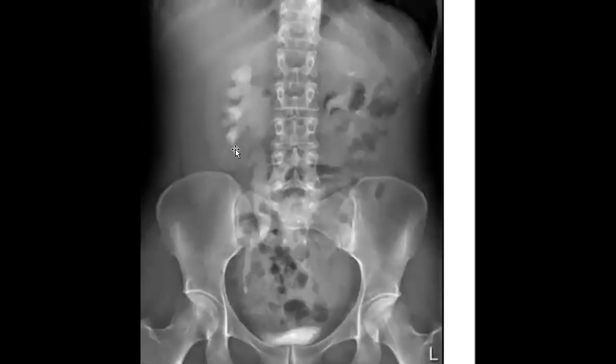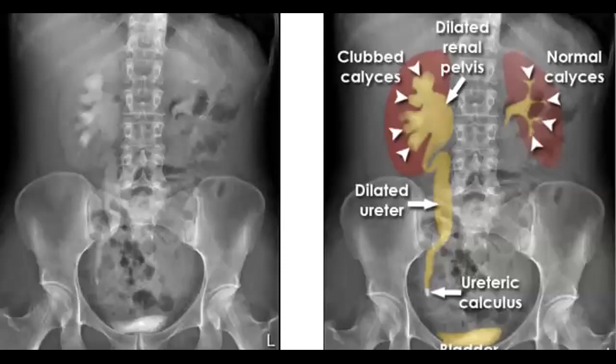And this is a very common scenario where there is holding of the contrast. As you see, until a point, this point is the ureteric calculus after you take the IVU. So this is the ureteric calculus here, and the dilatation and the calyceal dilatation with clubbed calyces.